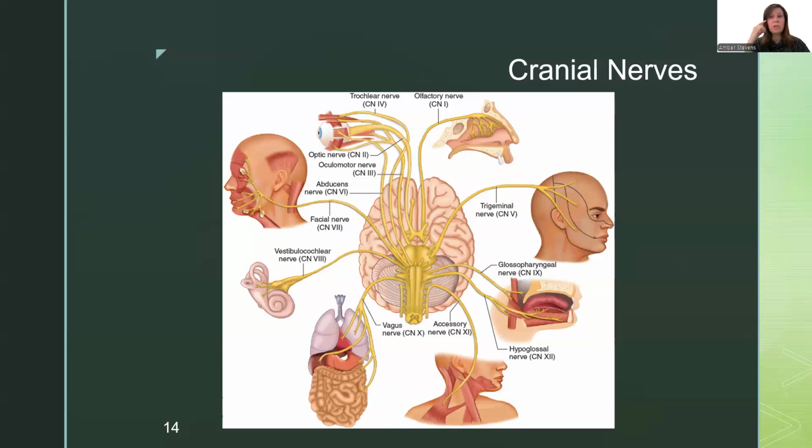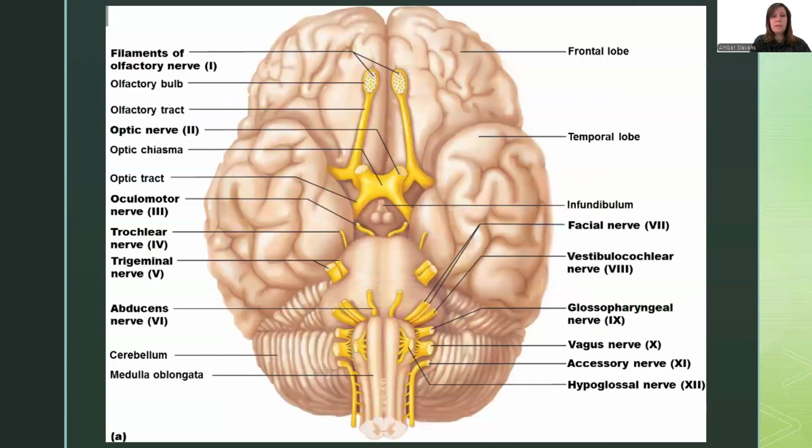So some will control eye movement, some control facial expressions or swallowing. Only the vagus nerve, which is 10, extends into the abdomen. Here's another illustration and view of where those nerves are located within the brain.